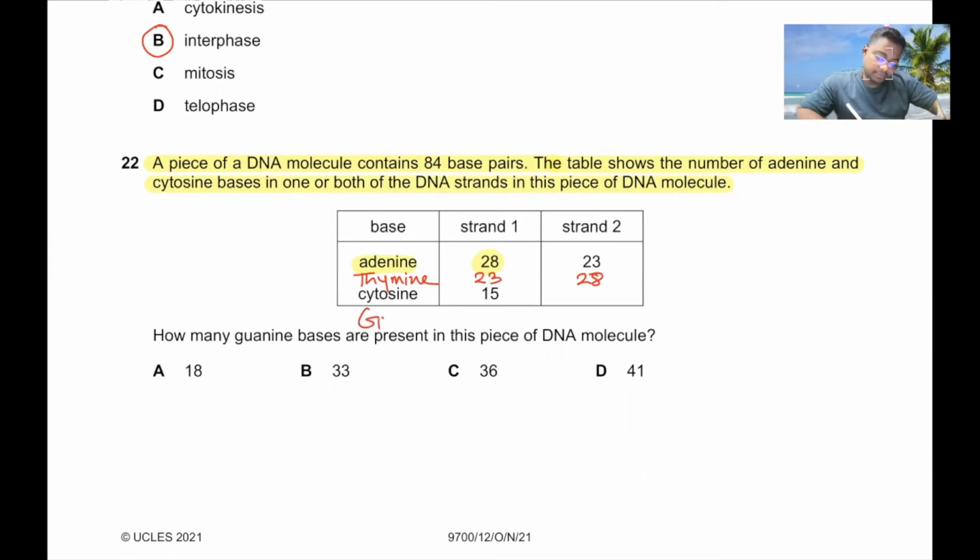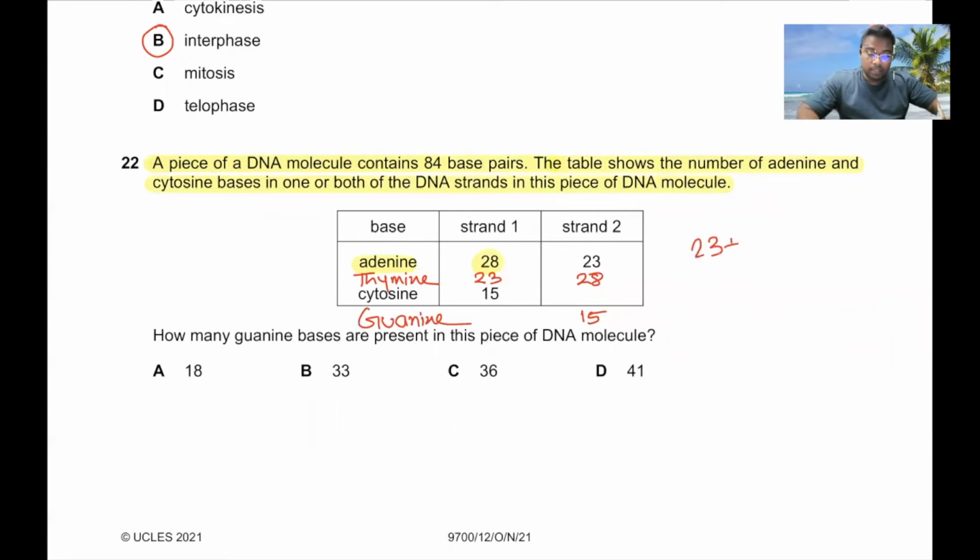Cytosine and guanine. There are 15 cytosine in strand 1, so there will be 15 guanine in strand 2. Now, the total molecule should be 84 bases long.